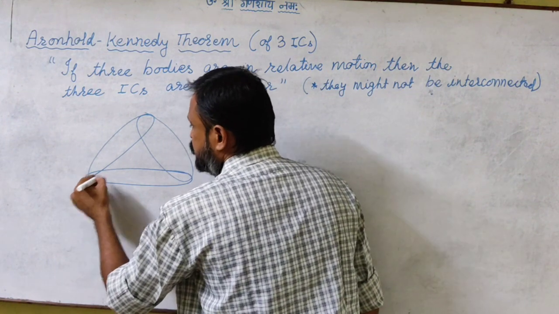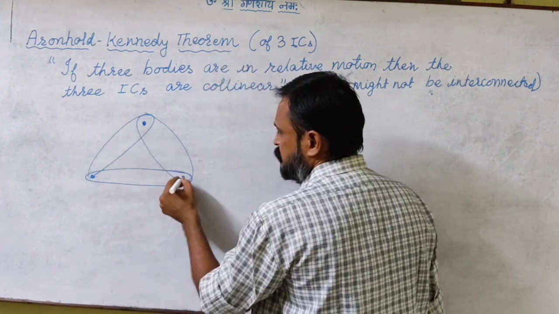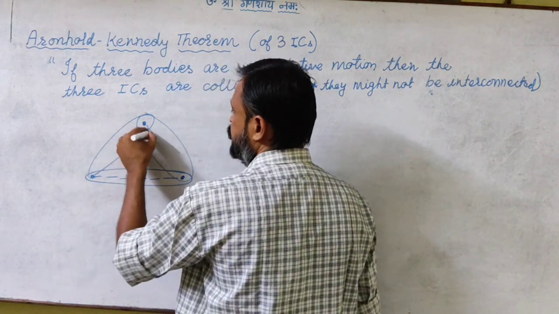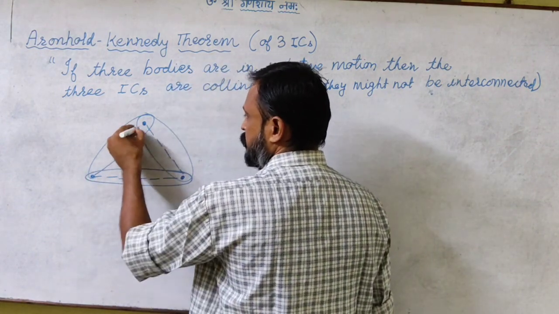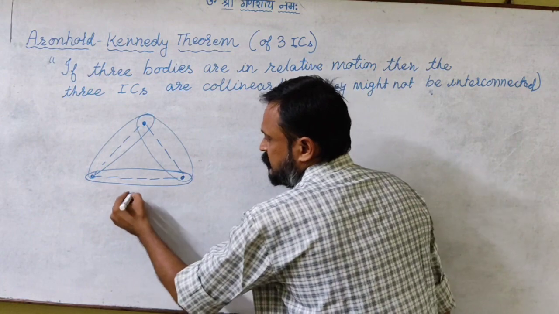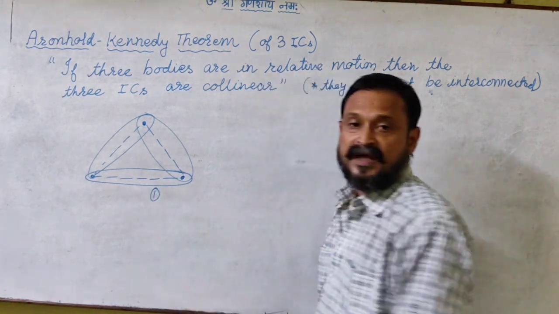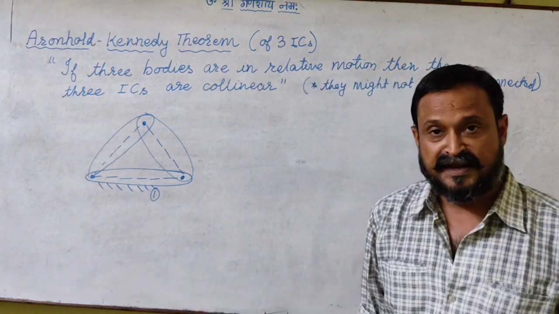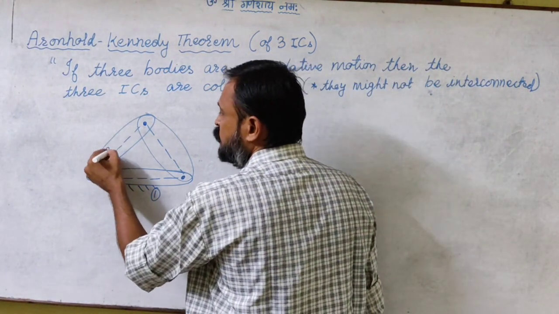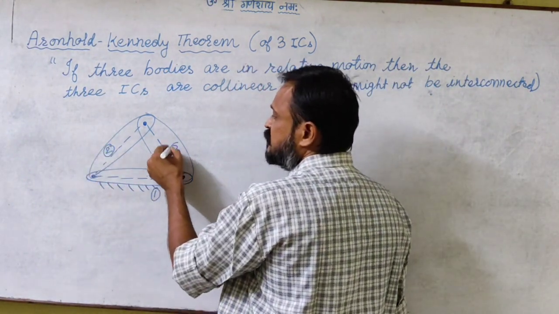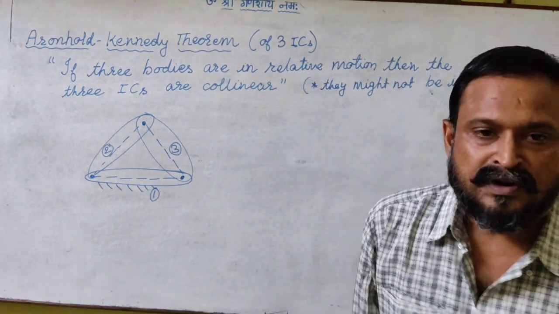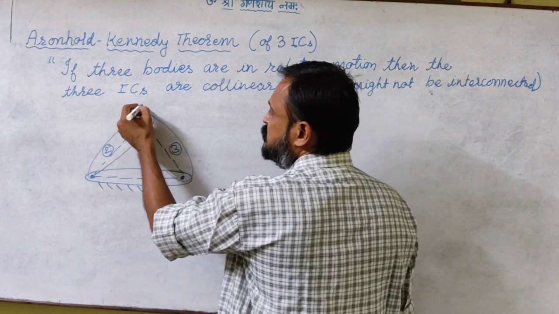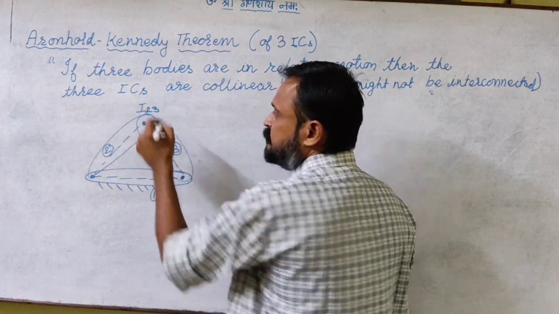So these are the joints. Say this is link number 1, and we assume link number 1 to be the frame. This is link number 2, and this is link number 3. So for 2 and 3, this is I23.